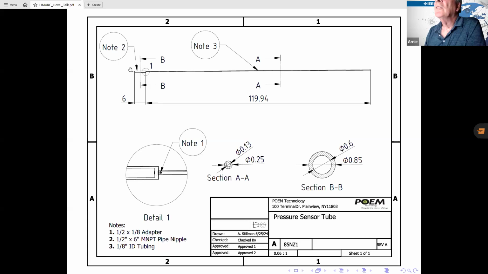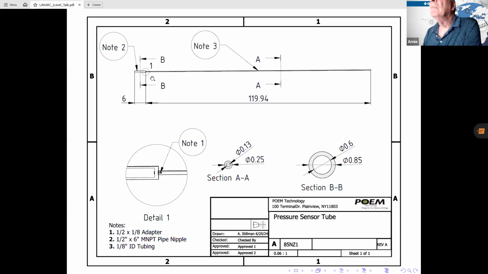You can see here, this is the part that goes into the tank, into the oil. It's basically a plumber's pipe nipple, it's called. Here's a detail of it. It's got a little valve, and a little adapter here to adapt to the plastic fuel line, which is this length here, 10 feet. The plastic fuel line goes to an iron pipe nipple via an adapter.